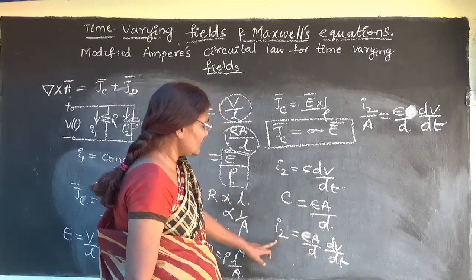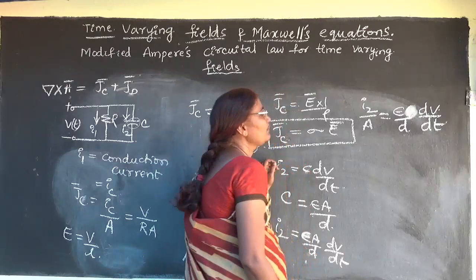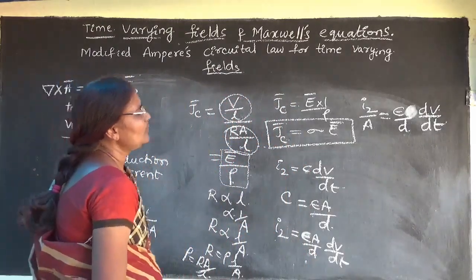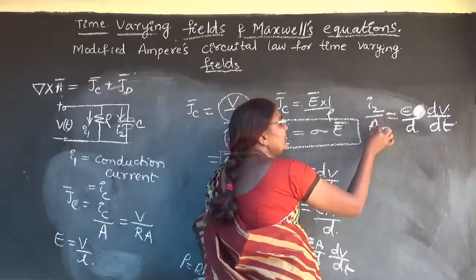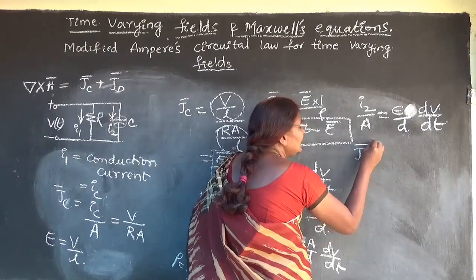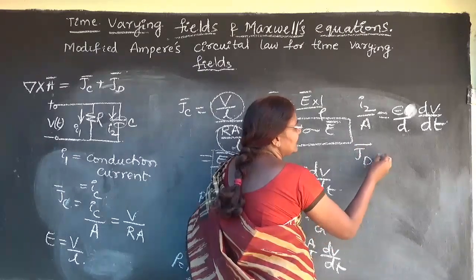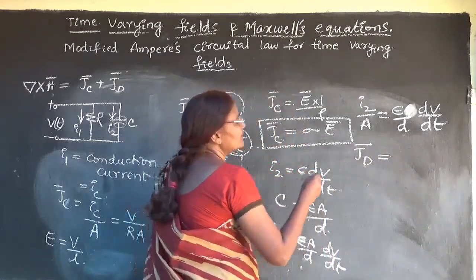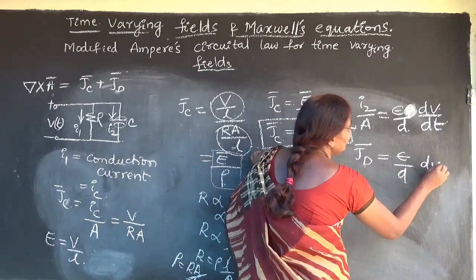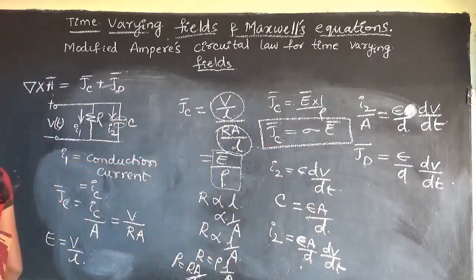So when A goes here, epsilon by d into dV by dt. So now, what is I2 by A? I2 by A is the current by area, which is a density, current density. I will represent it with the D, that is displacement current density. J_D bar is equal to epsilon by d into dV by dt. So this is my J_D bar.